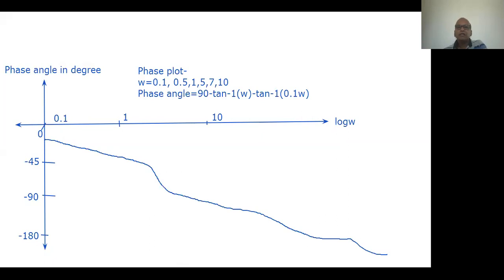Okay. In this way, you may draw the magnitude and then phase Bode plot on a semi-log paper. And then question number 4. Then consider question number 3, that is complex conjugate poles.